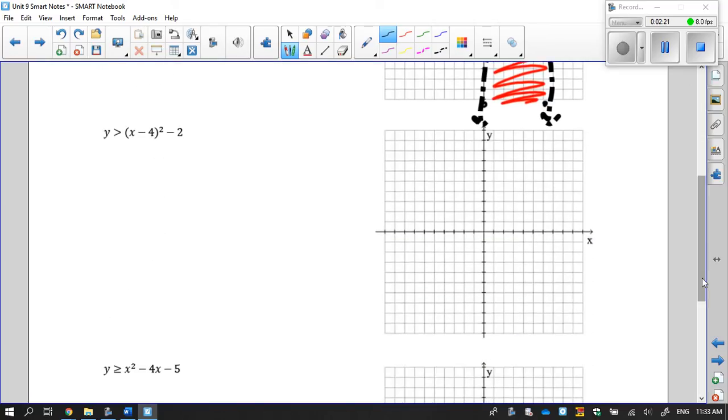y is greater than (x minus 4) squared minus 2. So then again, our vertex is 4, -2. Then we would use our y-intercept, and again, it's going to be some far out number. The other thing that you can do is find your x-intercepts, and I want to do that just as a refresher. So if we had y is equal to (x minus 4) squared minus 2, we would multiply this out.